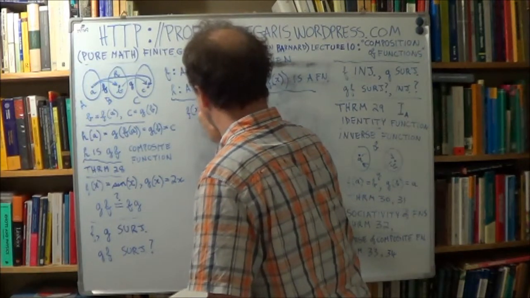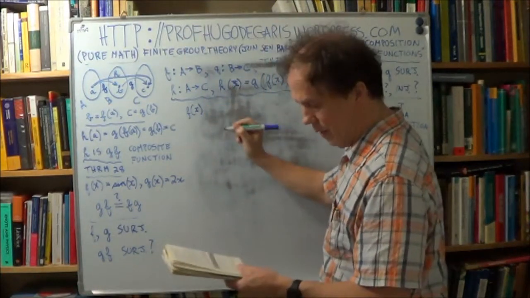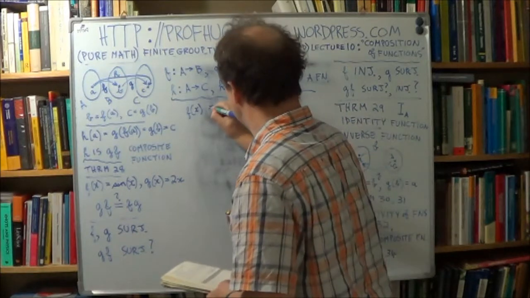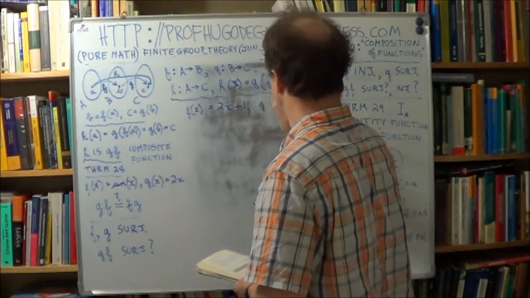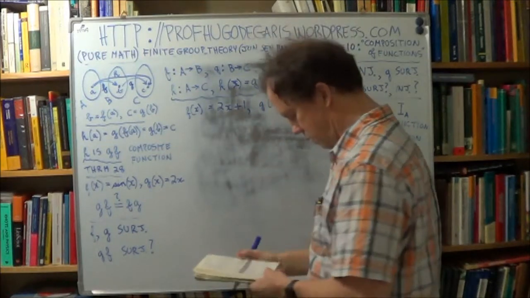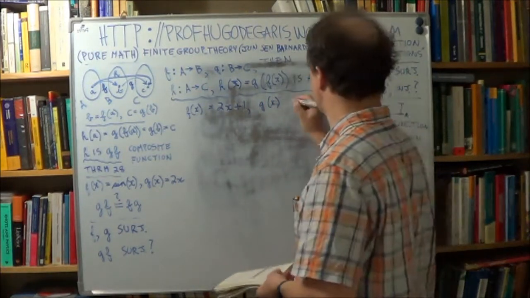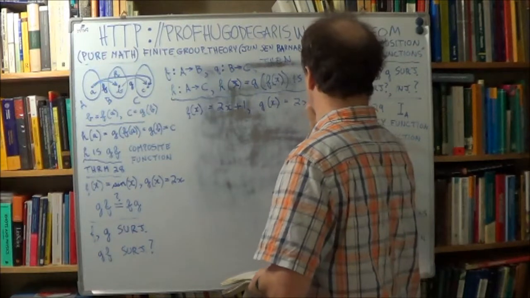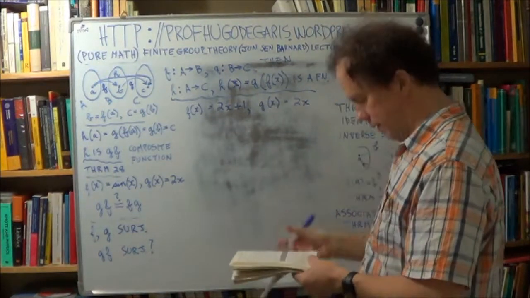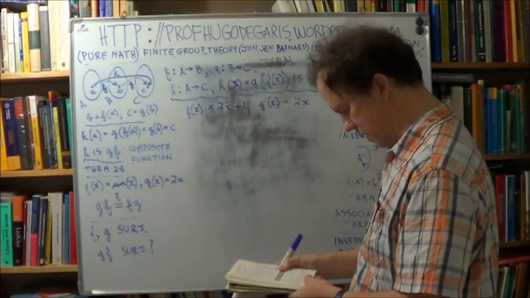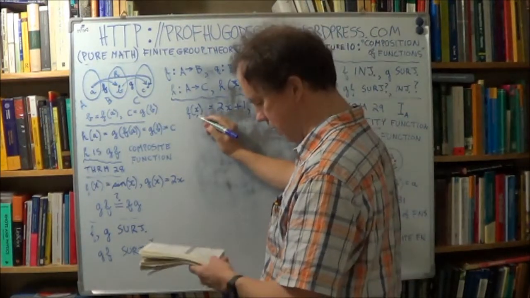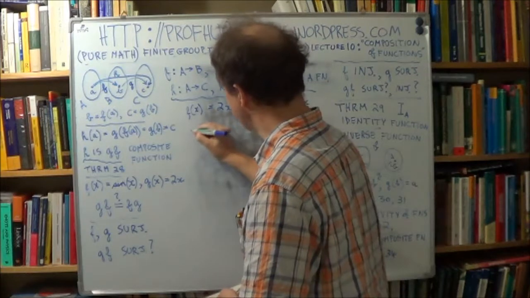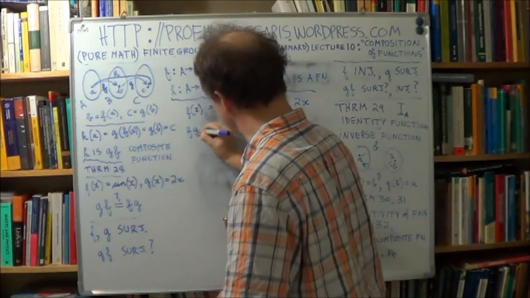So that f of x, this is straight out of the text. Okay. So f of x is 2x plus 1. And g of x is just 2x. So if our original x is just 1 and we're doing g first, so that'll be like fg, right?